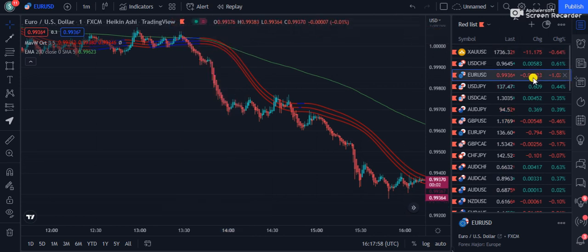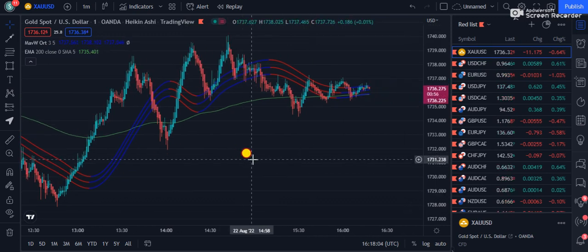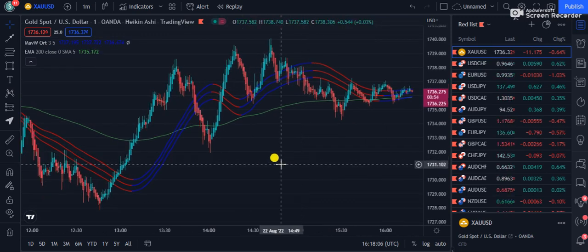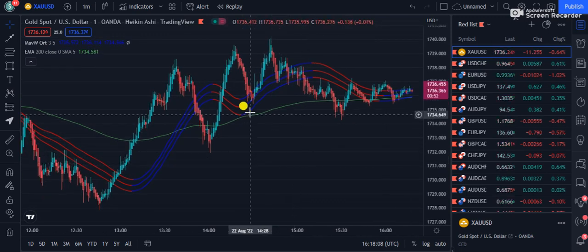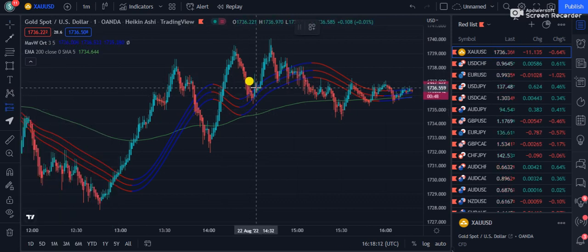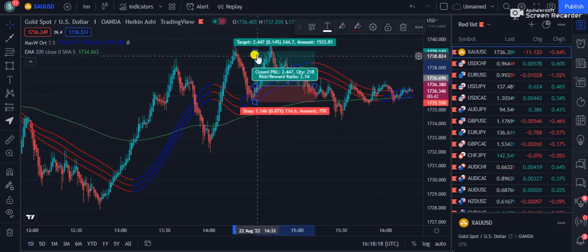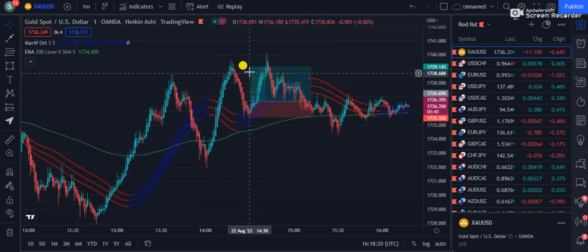Let's check some other pair where it is kind of a ranging pattern and not moving much. For example, let's have a look at gold. Still we were able to catch very good profits. Even here, a long position above the 200 EMA, and here the moving averages turned blue. How much were we able to catch?